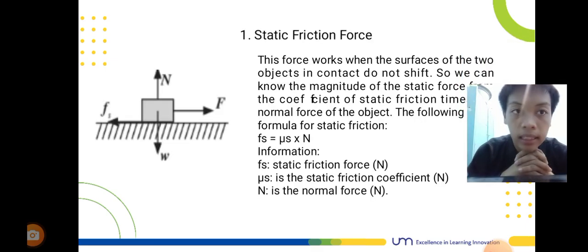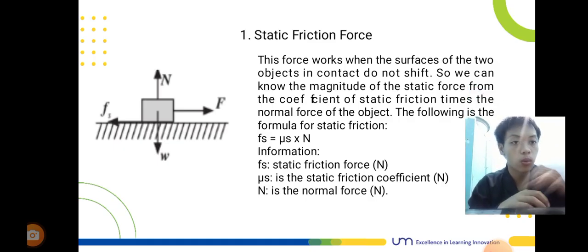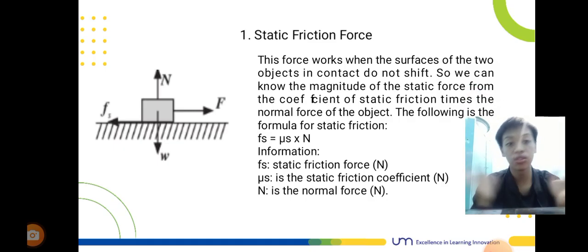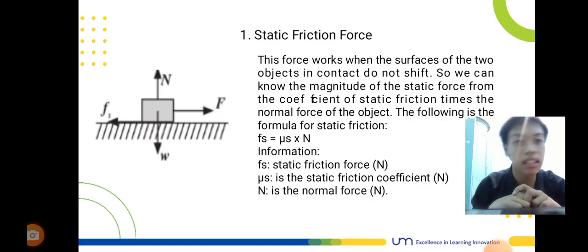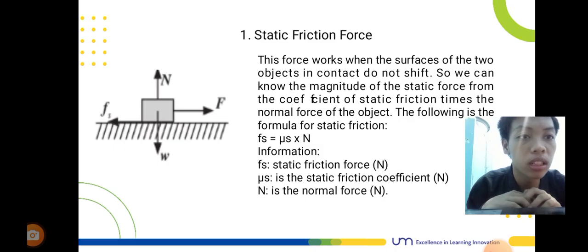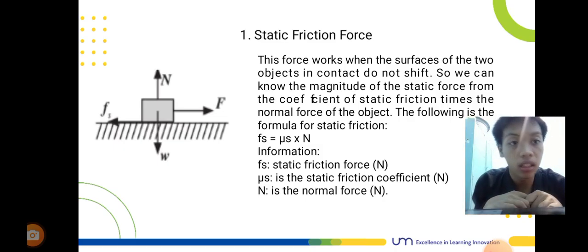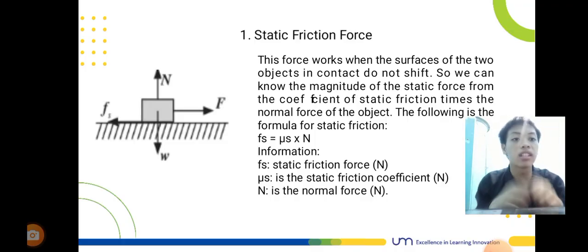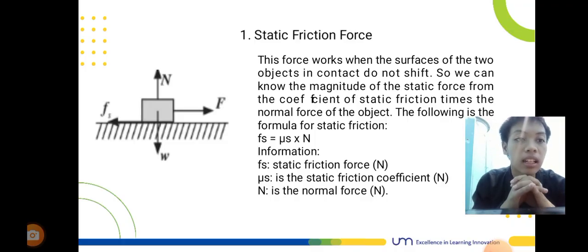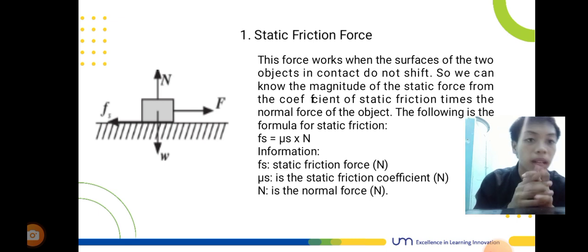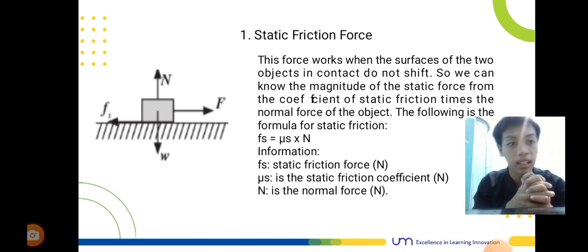Number one, static friction force. This force works when the surfaces of the two objects in contact do not shift. We can know the magnitude of the static force from the coefficient of static friction times the normal force of the object.